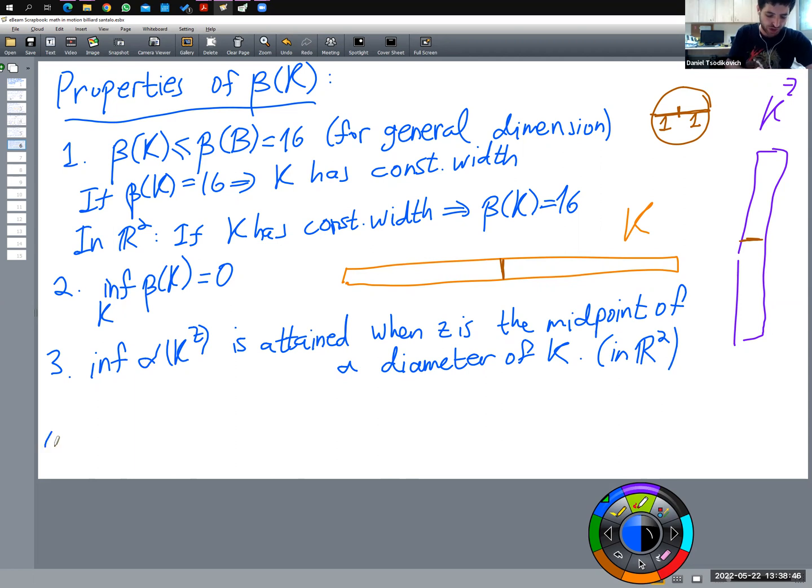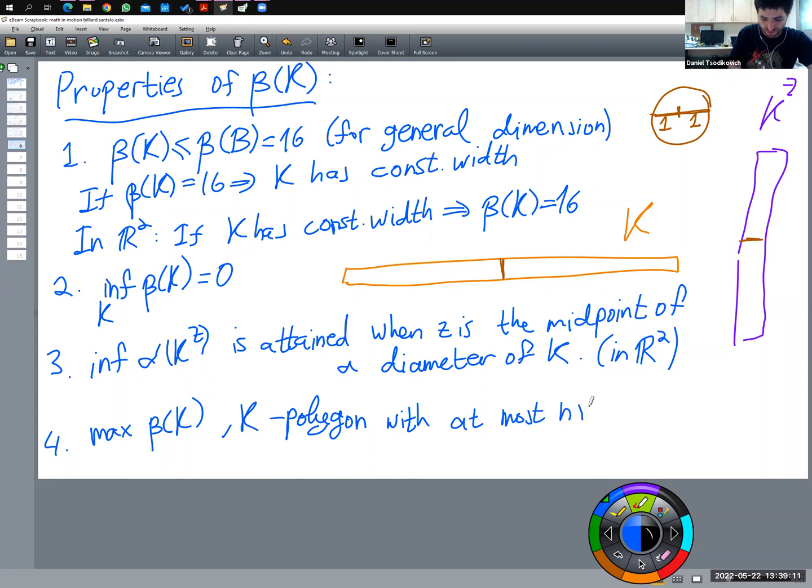And then we can ask, though it will be more complicated, which we'll show later: what are the maximizers of beta K, where K is a polygon with at most n vertices? In the volume case, it was the regular polygon.